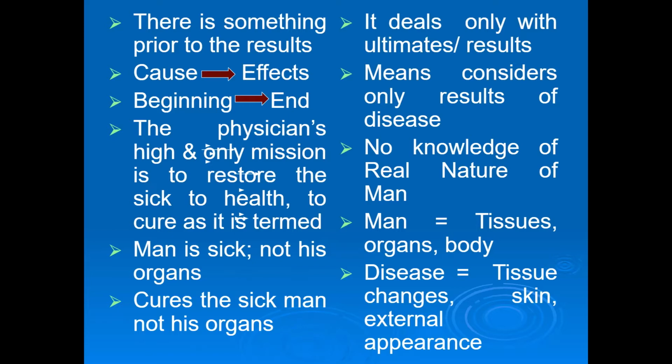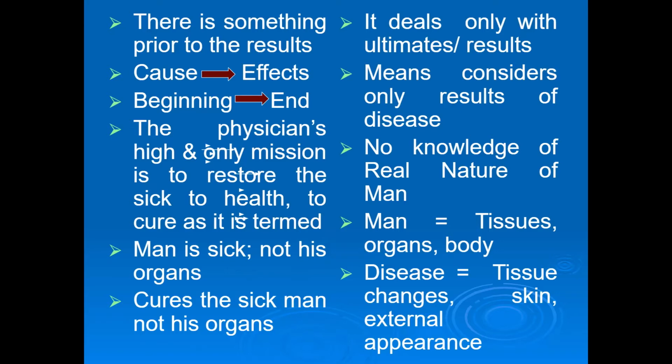Let's see what happens in allopathy or old school or modern medicine. It deals only with the ultimates or results. Modern medicine deals with the organ pathology. It deals with these effects and the end products of disease.